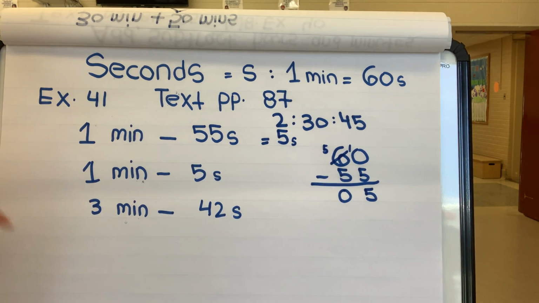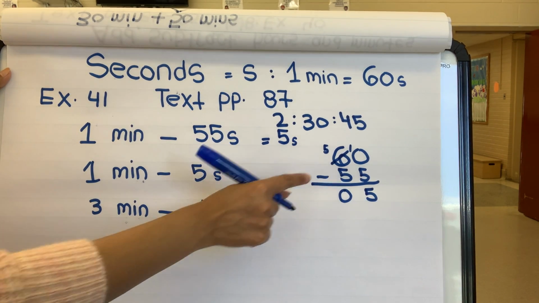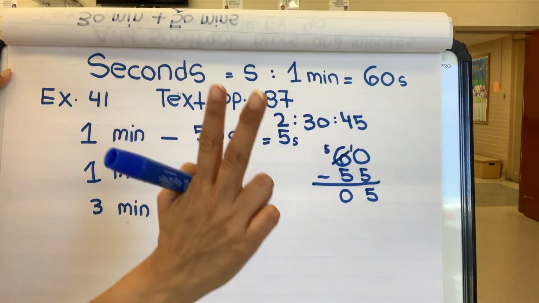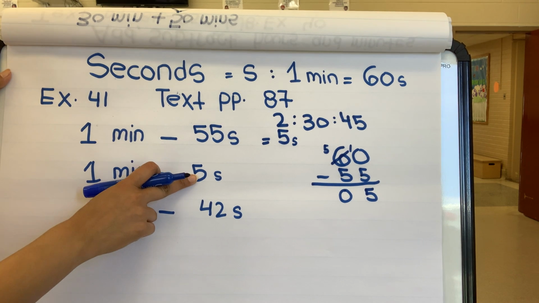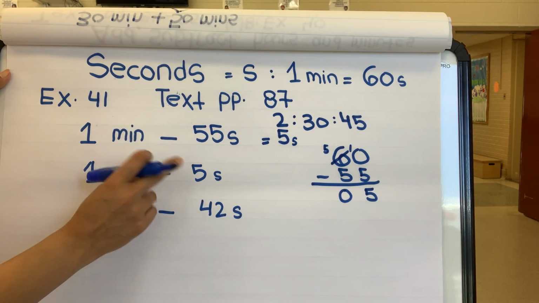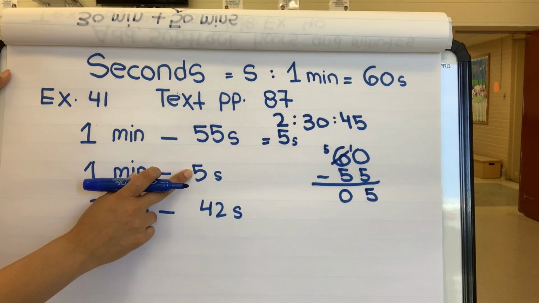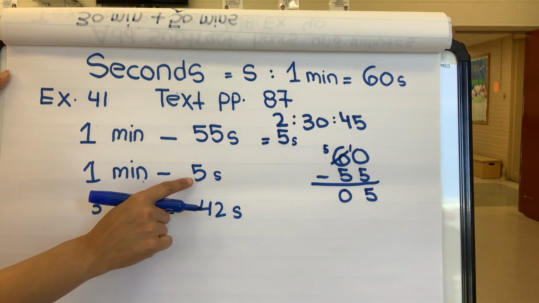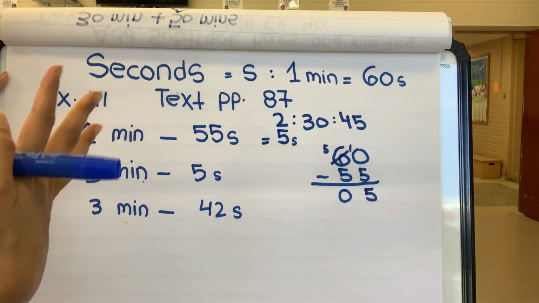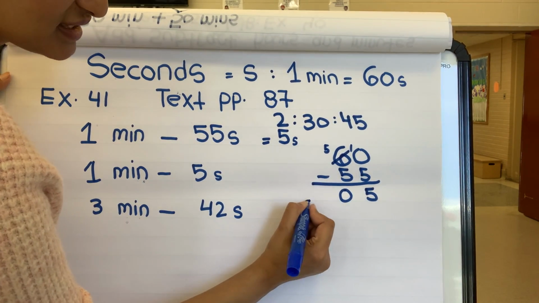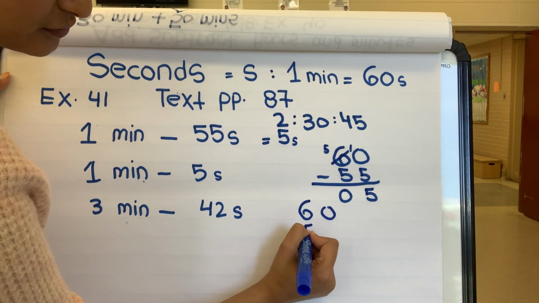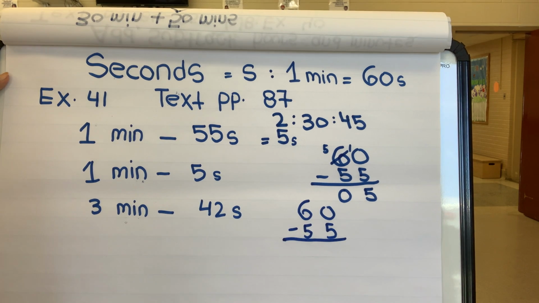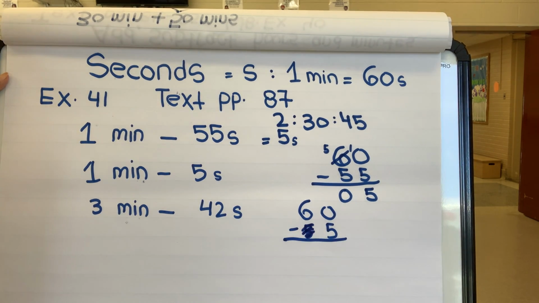We just did that. So instead of taking away 55 seconds, I only need to take away 5 seconds. And I can again do it 2 ways. I can ask myself what I need to make it into 60, so that would be 55 seconds, right? However, if I forget how to do that, I can quickly stack my numbers. Oh, sorry, I'm supposed to take away 5.